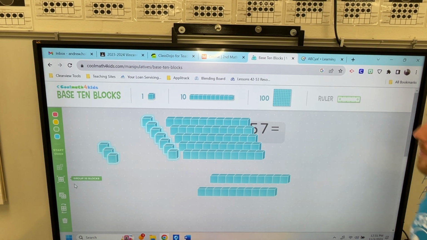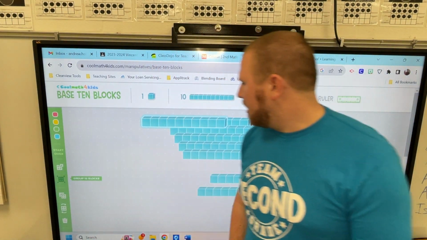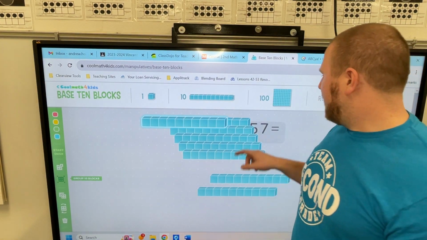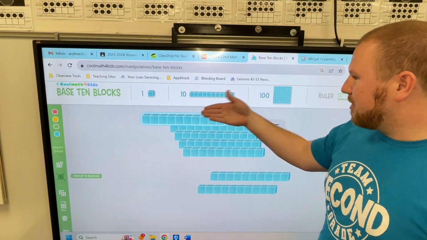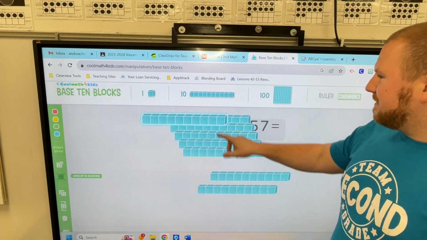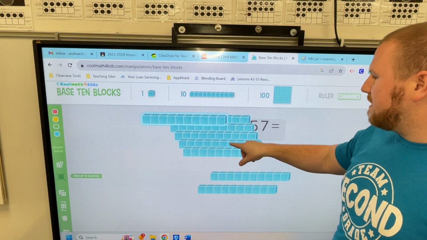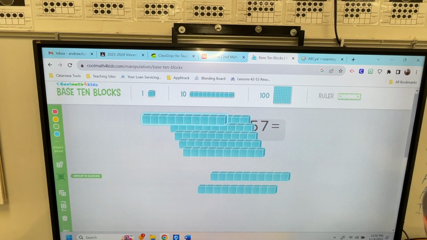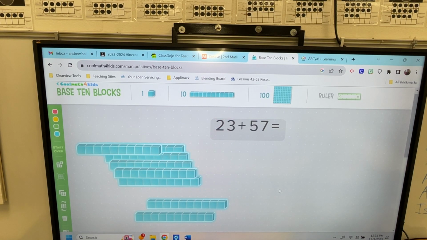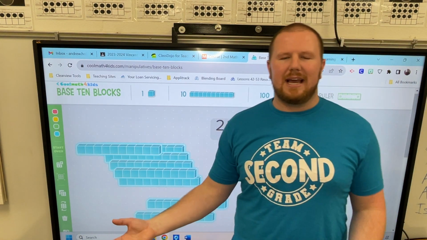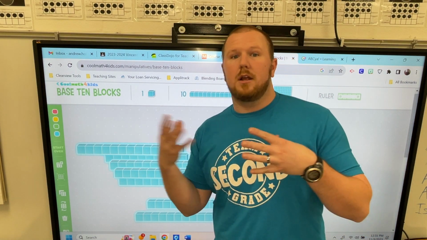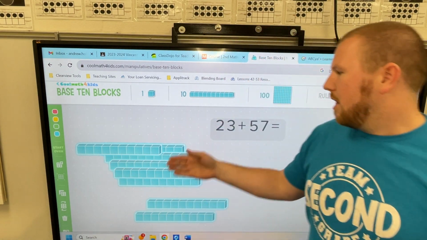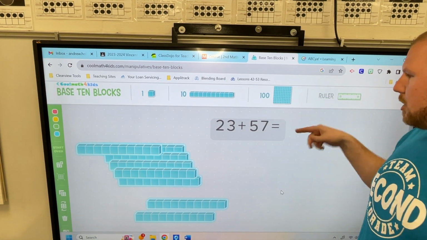I can group 10 blocks together and make another 10. So the 3 and the 7 together make 10. So I have 10, 20, 30, 40, 50, 60, 70, 80. So that would be my answer. 23 plus 57 equals 80. Now, there's only 8 10s, so I can't group them together to make a group of 10s, but I can type in that answer.